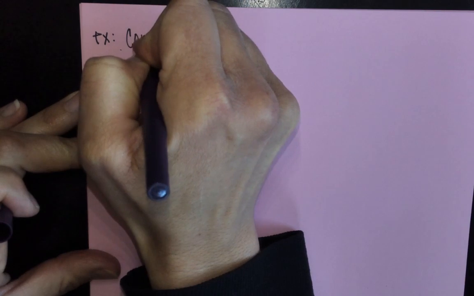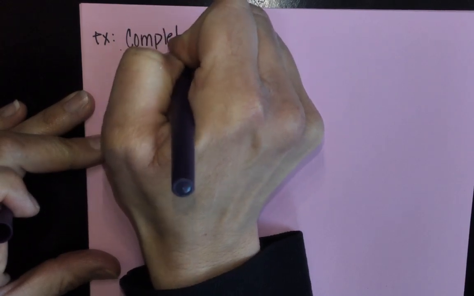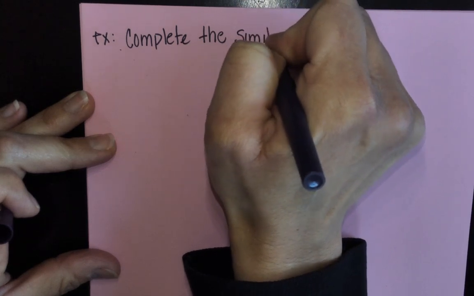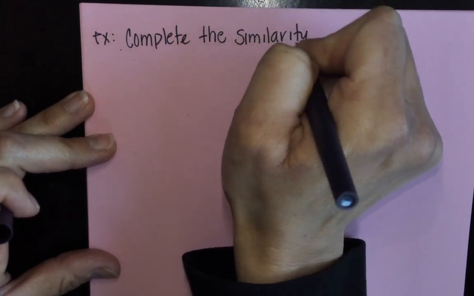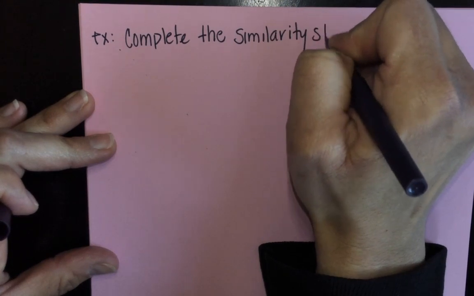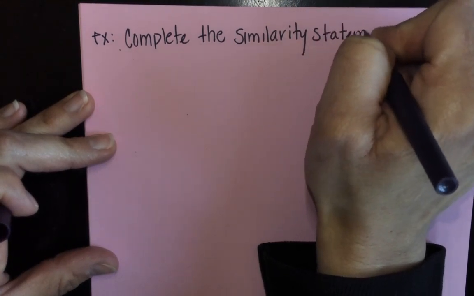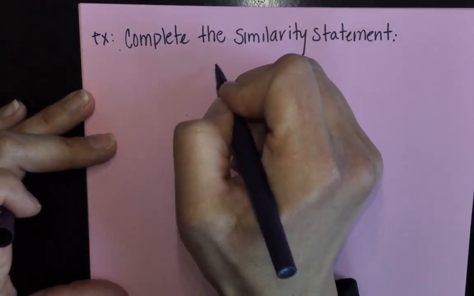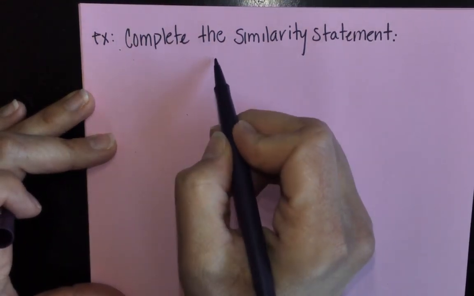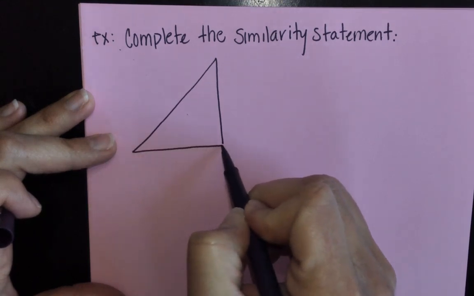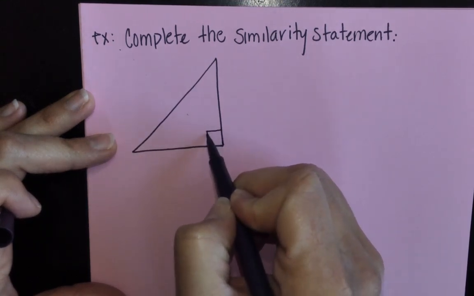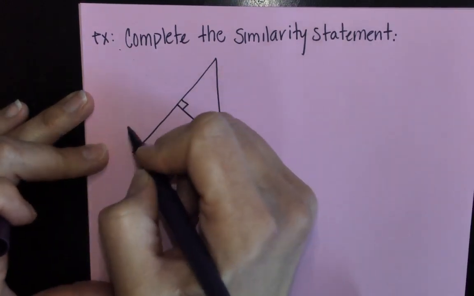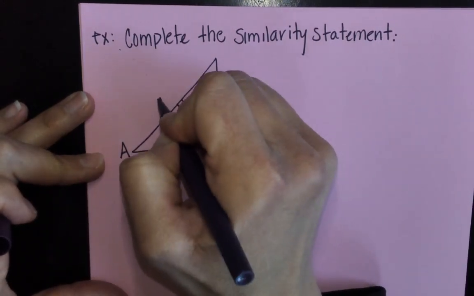So we are going to complete the similarity statement. I'm going to change the picture, and then I'm going to create my dog, and I'm going to change the letters.